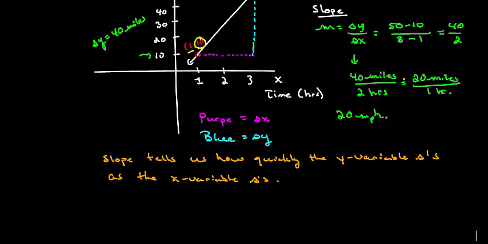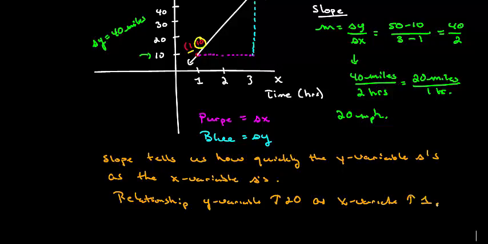So what this says is that the y variable, the miles, changed by 20 as the x variable, hours, changed by 1. So the change in the y was 20 as the change in the x was 1. So what we found is a relationship. This is so important. Calculating slope is not just about computing numbers. It's about looking at relationships between variables. And so our relationship is that the y variable increased by 20 as the x variable increased by 1.